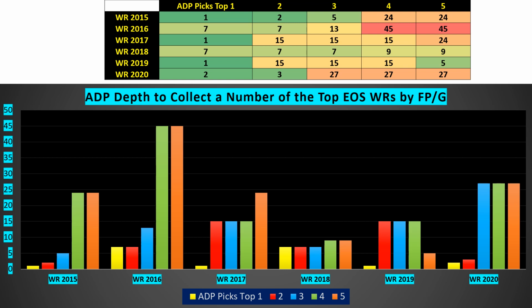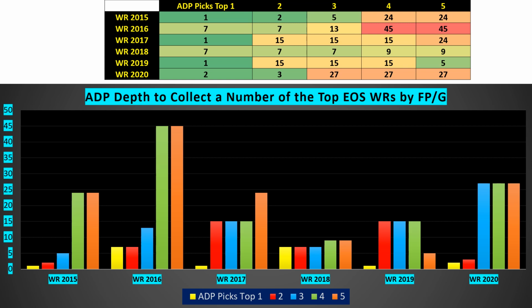And here's a bar graph illustrating that conundrum. If you look, the yellow is 1, red, blue is 3, 4, and 5. And you see it really gets dicey here to pick. In other words, it's not like the top 6 are going to be the top 6, right?